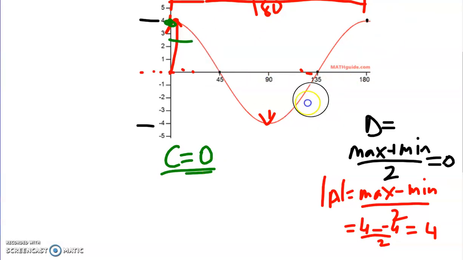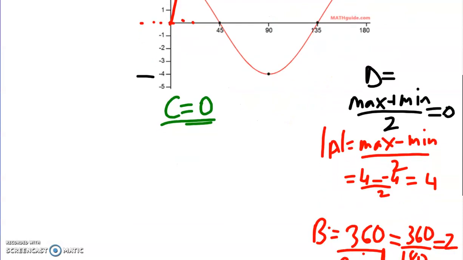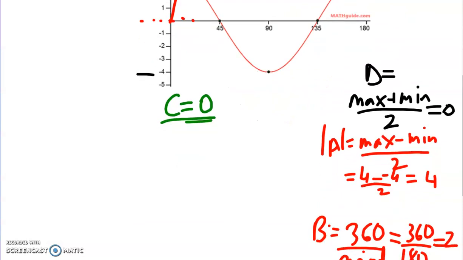So let me erase that and let's tie it all together. I have y equals, amplitude was 4, and then I have cosine, because I'm going from peak to peak, and it's positive cosine. Then my B value was 2, and there is no phase shift.